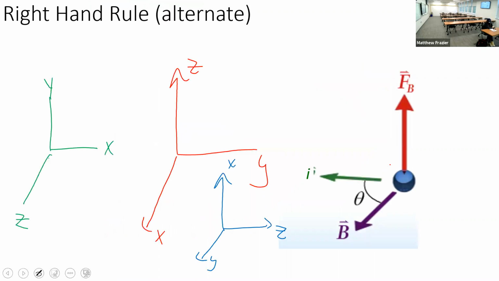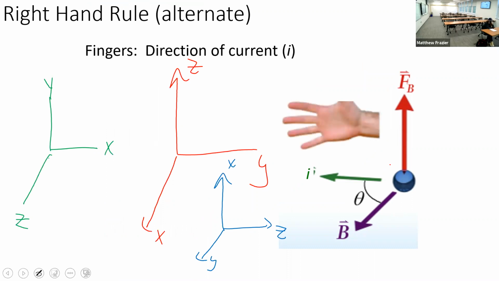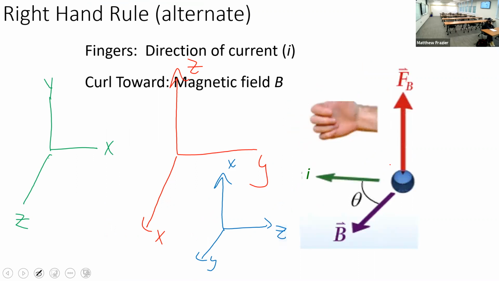So we'll give you an alternate right-hand rule. Your fingers are the direction of the current, so you point in the direction of the current. And then you curl those fingers into the field, and your thumb represents the force. I talked a bit about what's going on here: when we define a right-hand rule, we're using particular axes that you use in math, X, Y, and Z axes, in the order that they're drawn here.